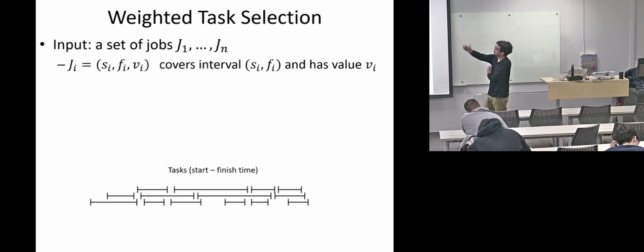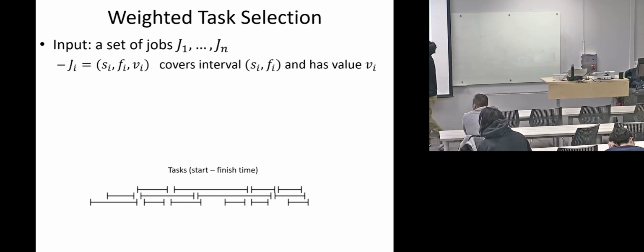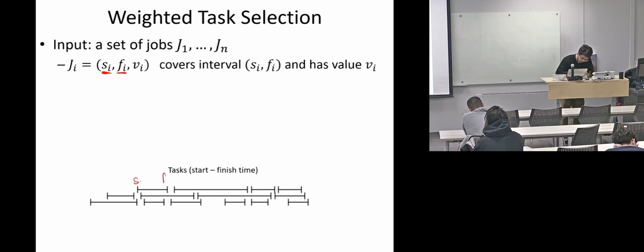So this is the most basic problem to use dynamic programming, and let me tell you what the problem is again. You are given a set of jobs. Each job is an interval, where you have the start time S_i and the finish time F_i, and it also has a value V_i.